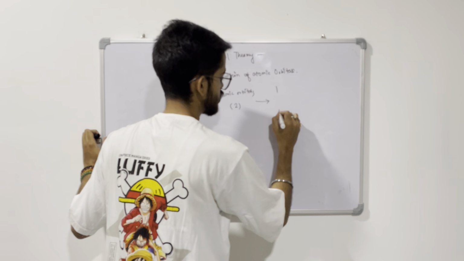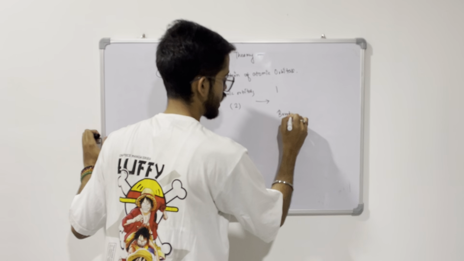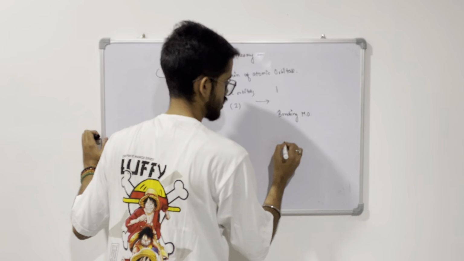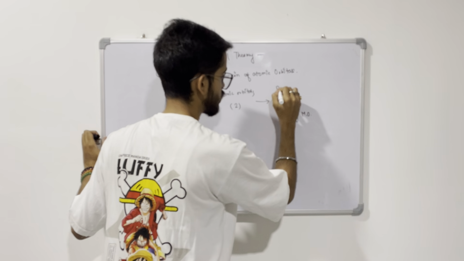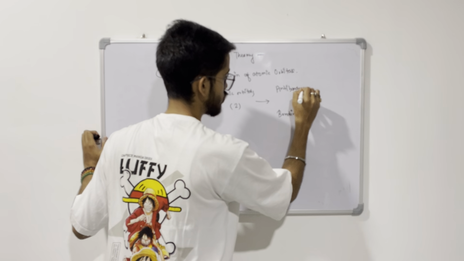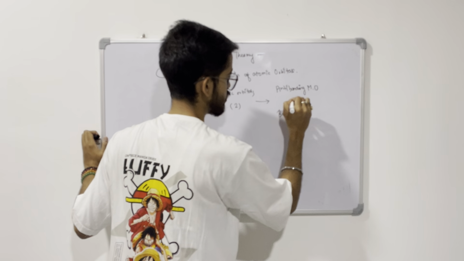The one with the lower energy is called the bonding molecular orbital, BMO, and the one with higher energy is called the anti-bonding molecular orbital, that is ABMO.